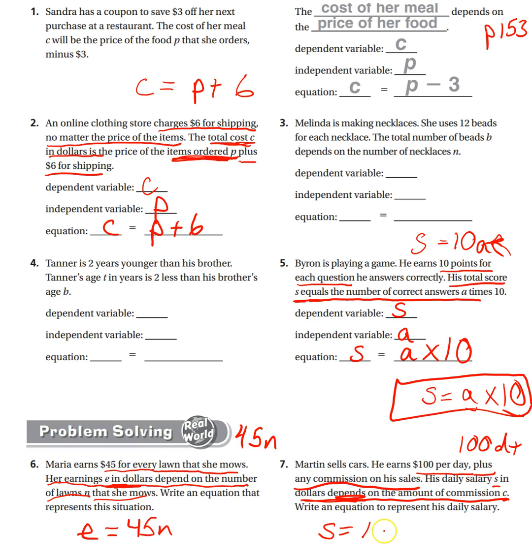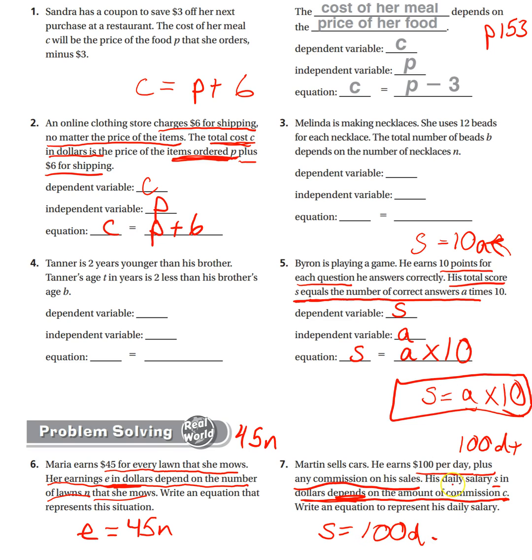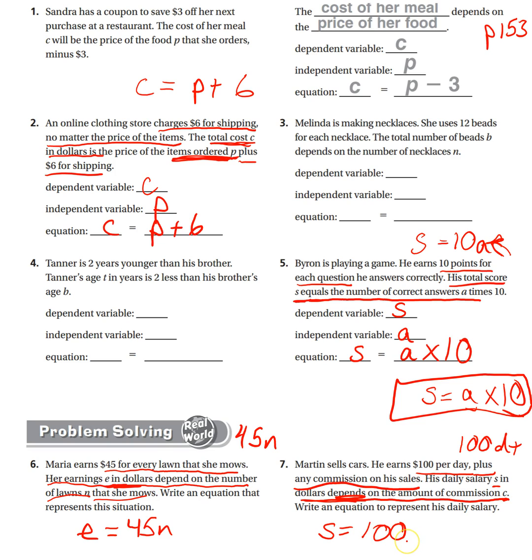His rate, $100 per day. Oh, does it say for, let me see real quick. His daily salary, S. Right. Okay, so to write an equation to represent his daily salary. So this is just looking at 1 day. So we don't need to times it by how many days.